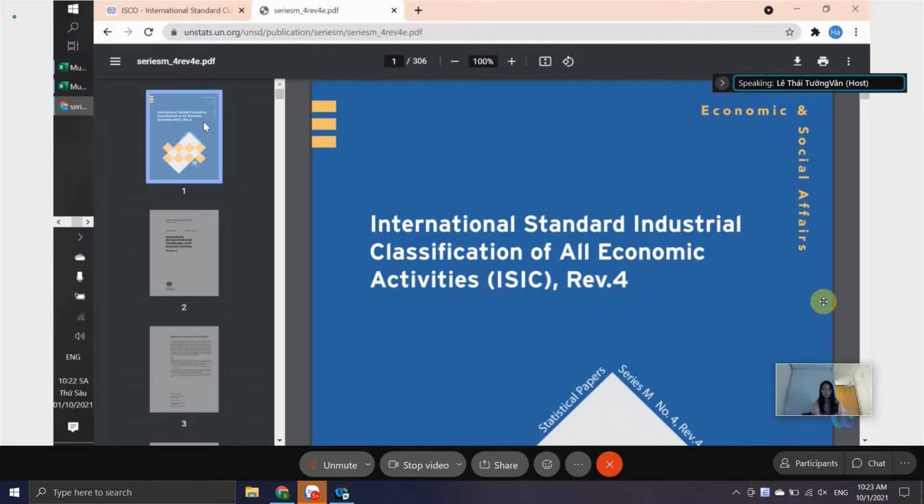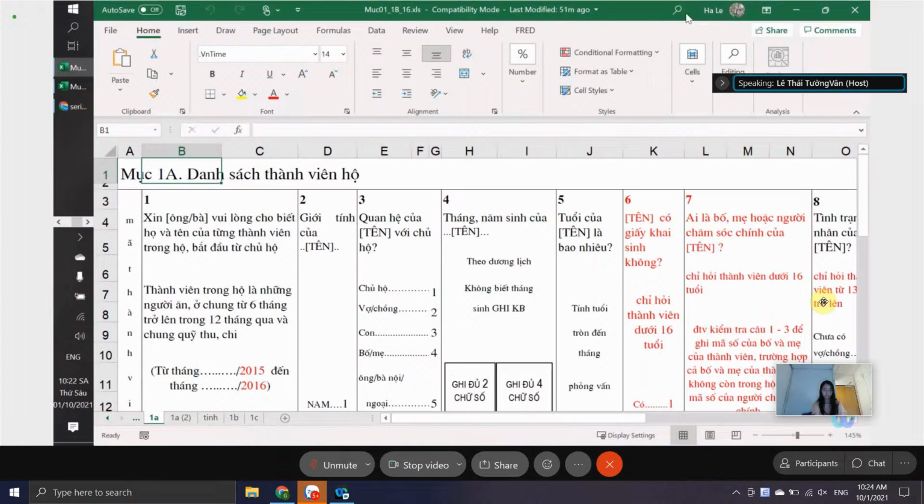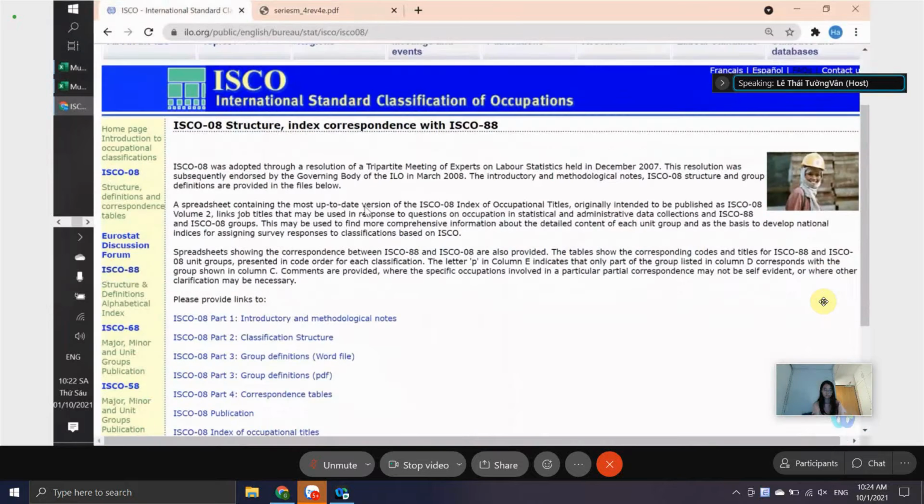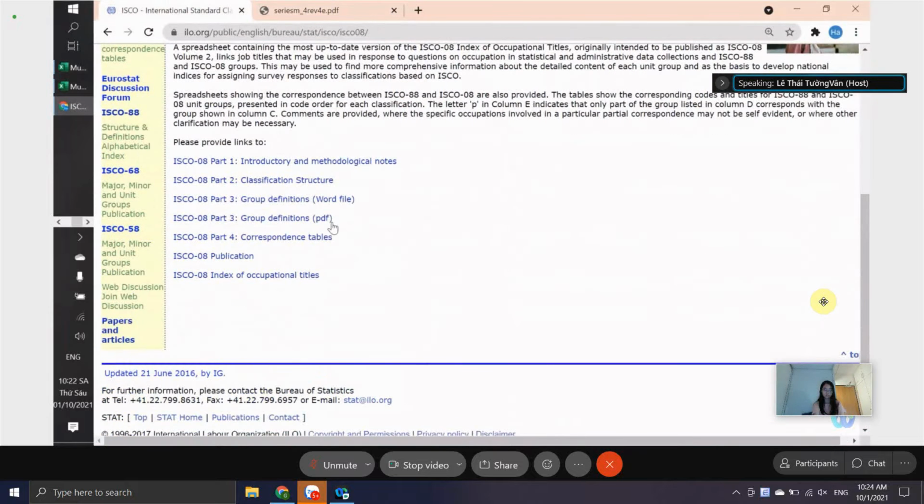Okay, so what is the difference between ngành and nghề? When we talk about occupation, that is nghề, we talk about the content of skills that a worker possesses.